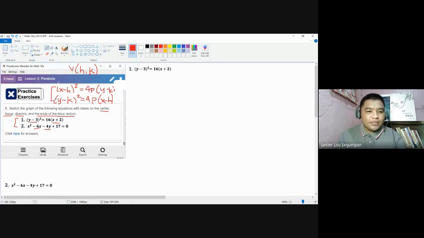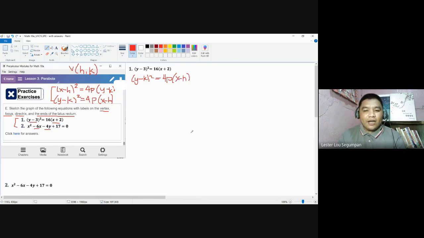Let's use these forms to determine first the vertex and later on the concept of p to get the focus, directrix, and ends of the latus rectum. Number 1 is in the form where the binomial that is being raised to an exponent of 2 is with the y variable. So we will use the second form, and that would be the square of y minus k is equal to 4p times x minus h.